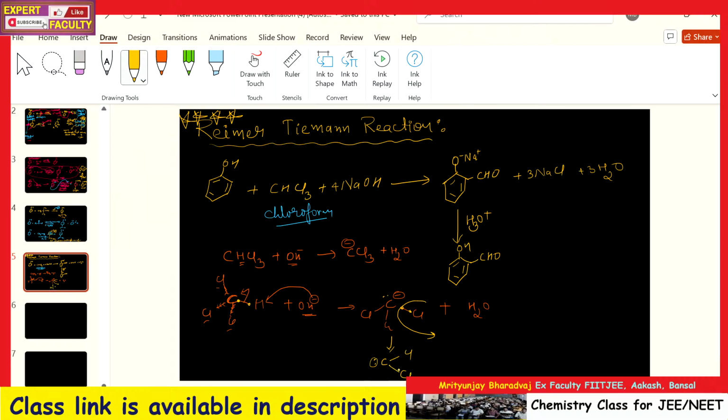So this carbon will have 6 electrons. Incomplete octet. It can act as what? Electrophile. Understood? Okay.